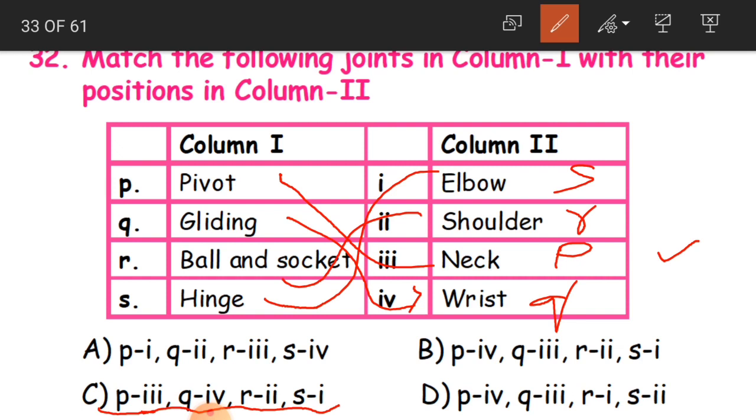So this is how the answer goes, and C option is the correct answer. Clear? So, understood children? Pivot is with the neck, gliding is with the wrist, ball and socket is with the shoulder, and hinge is with the elbow.